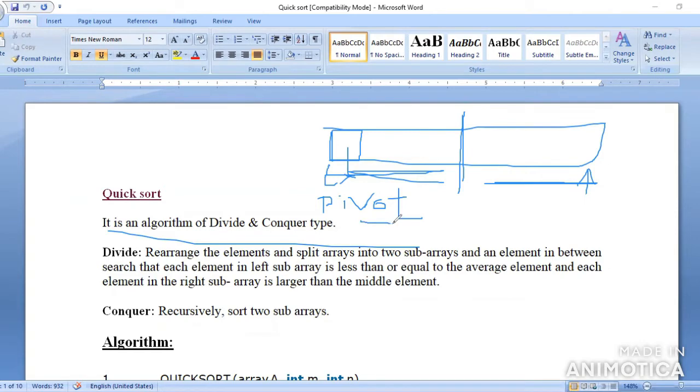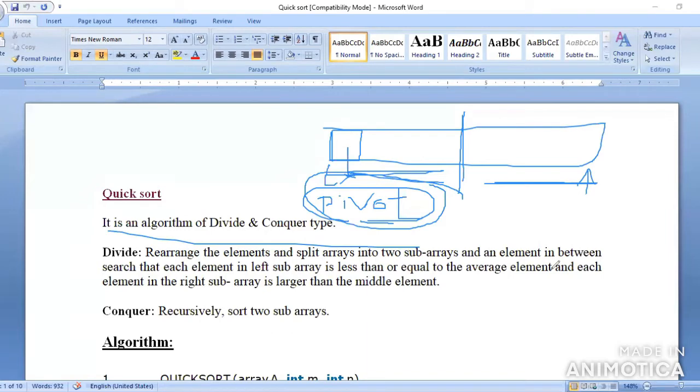So you choose one element, the pivot element. The left side values are always lesser than the pivot element.